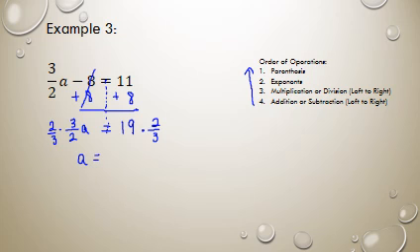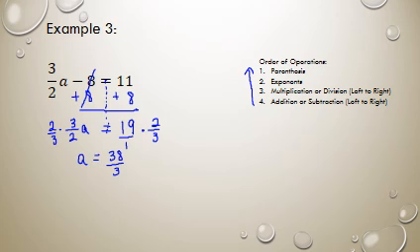All right, and then over here on the right side, we're going to do 19. And actually, if you want to, you can put that 19 over 1. And then we just multiply straight across. 19 times 2 gives us 38. And then 1 times 3 gives us 3. And if you could simplify that, you would. But we are not able to simplify 38 divided by 3.